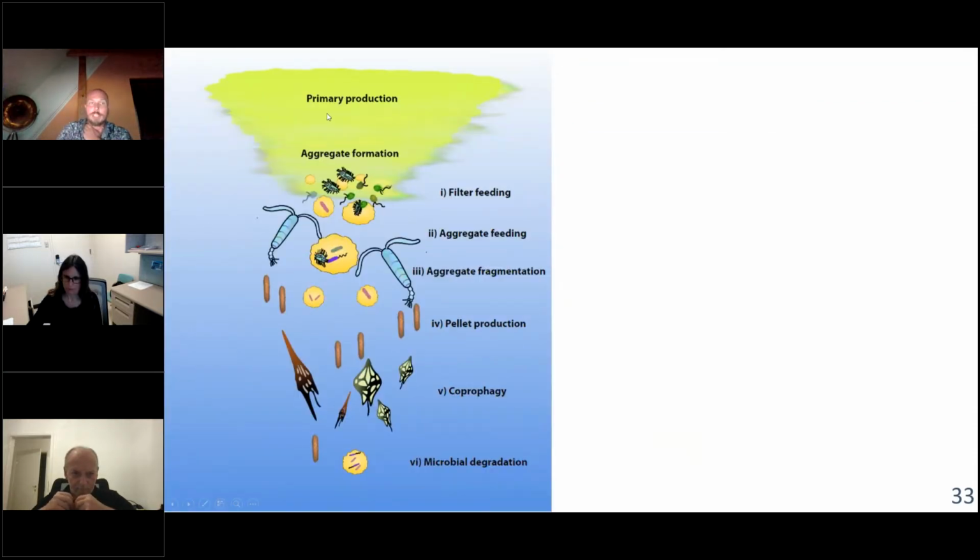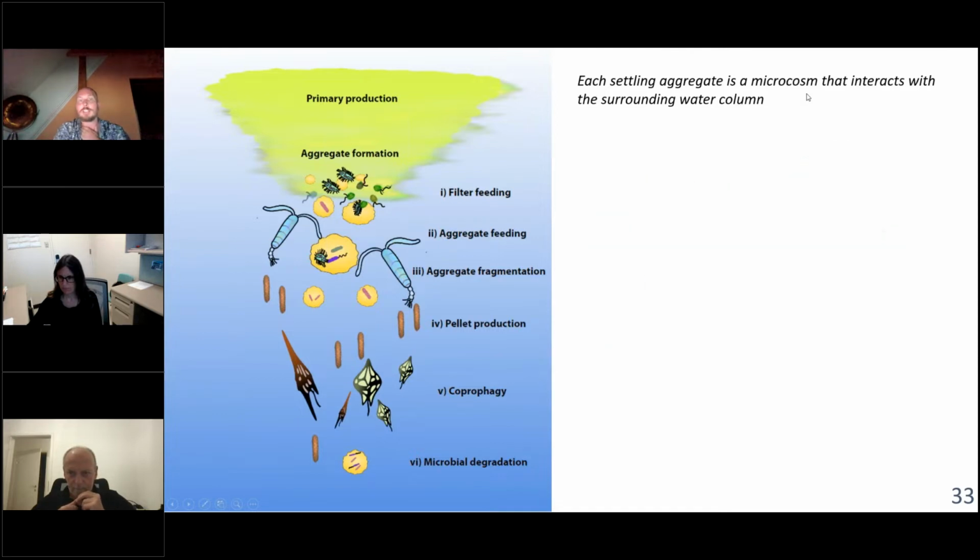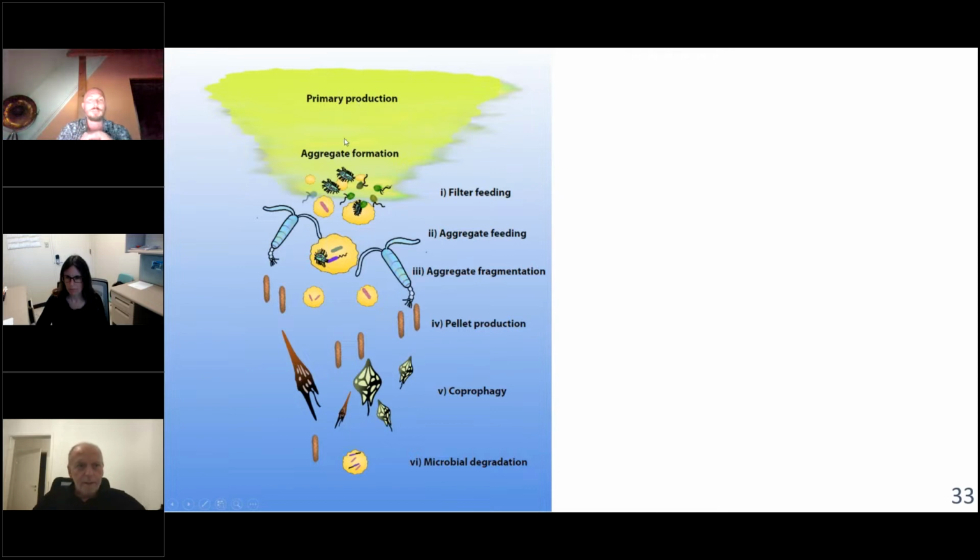So that means if you look at it vertically, we have primary production in the surface, and settling aggregates. Okay, now I have to see if I remember. So we have the primary production. Below that depth, we have aggregate formation. Then we have filter feeding, which produces fecal pellets and vertical migration.